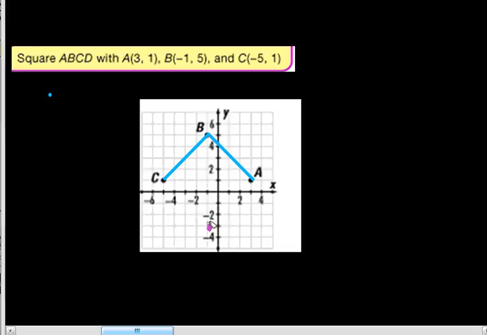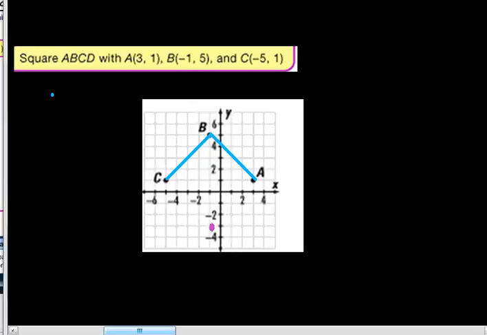Well, if the coordinate is here, how can you check to see that it is supposed to be there? Well, one thing is you need two pairs of parallel sides. And in order for them to be parallel, the slopes have to be equal.